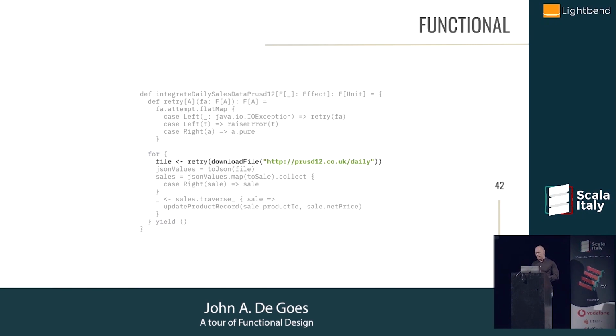And I do that by using the retry combinator on the result of calling a different download file. This is my own download file that returns a functional effect. It's not actually performing a side effect. And then this bit of logic doesn't change, and instead of using a for each loop on that sales, I use traverse, which is the purely effectful version of for each, and I basically do the same thing.